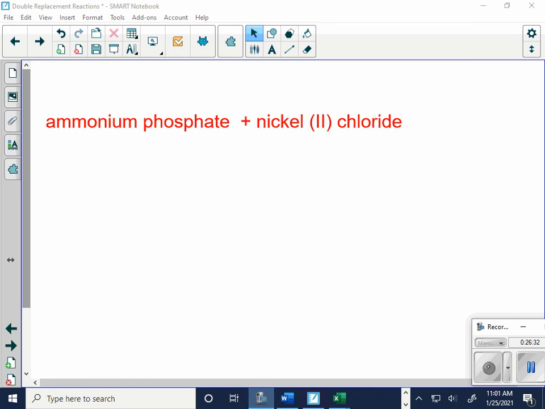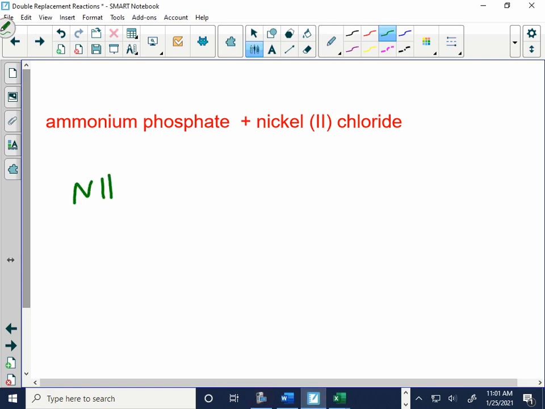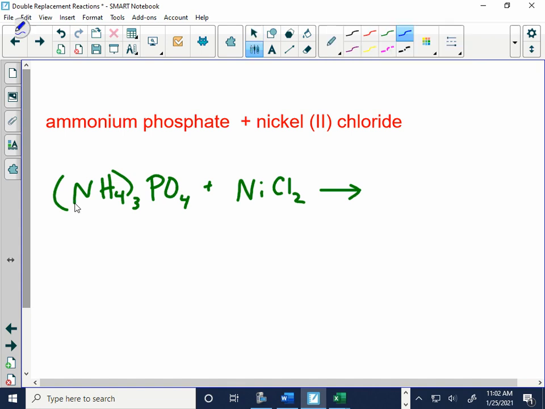Okay, let's take a peek here. Ammonium phosphate will react with nickel chloride. So this is going to be a double replacement, number one, because I do not have an acid.